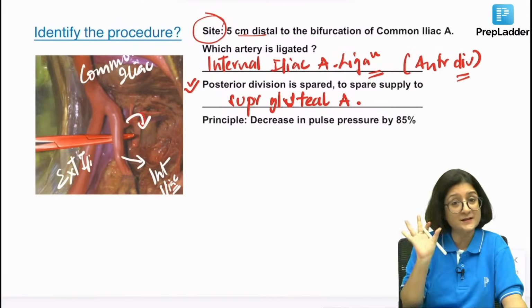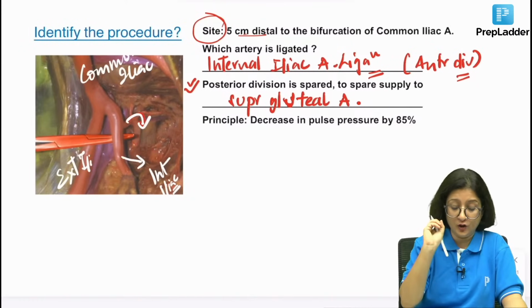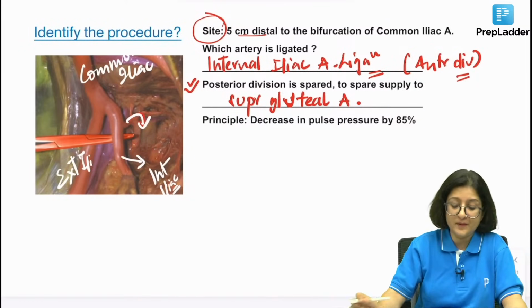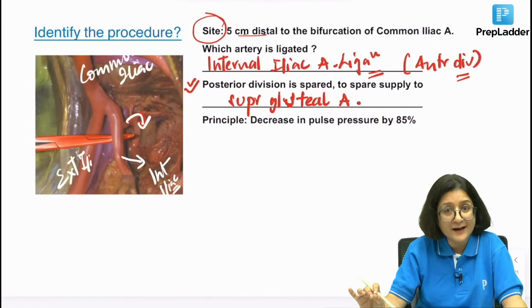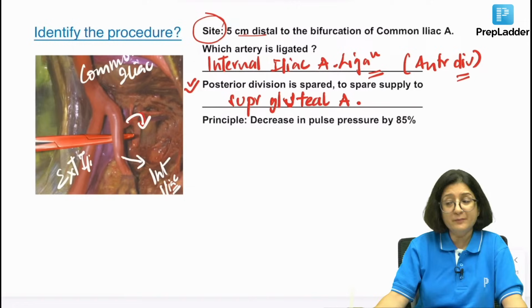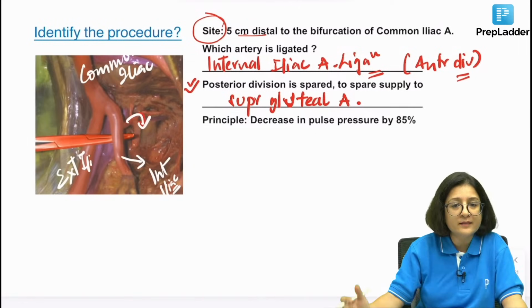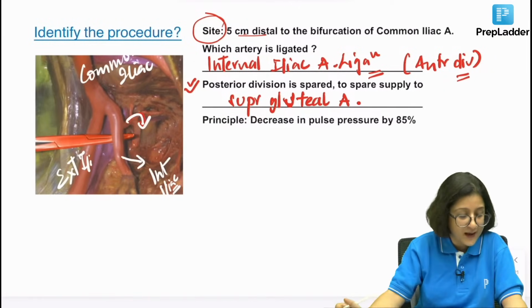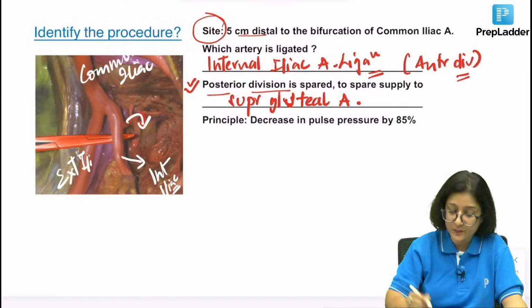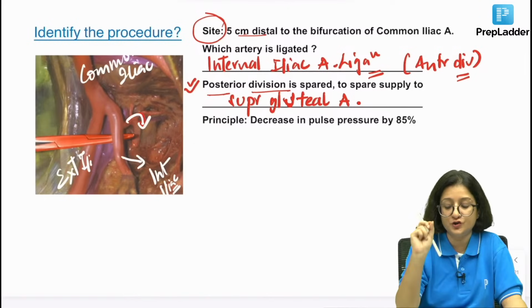So if accidentally we place it incorrectly and compromise the blood supply to the posterior division of the internal iliac artery, it will lead to ischemic pain in the buttocks. Right, buttock claudication. We do not want to deprive the buttocks of the blood supply, right? So that is why the posterior division needs to be spared.